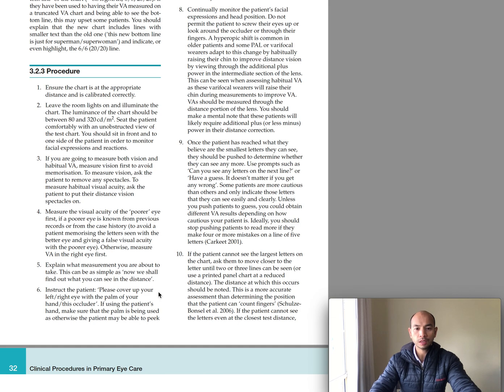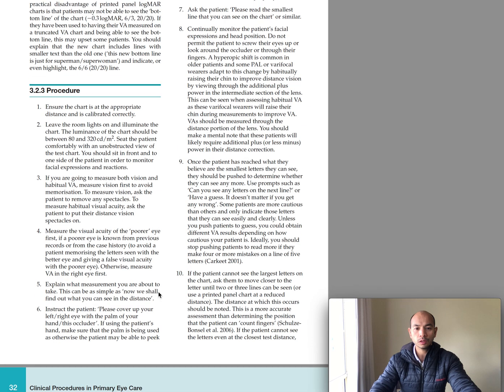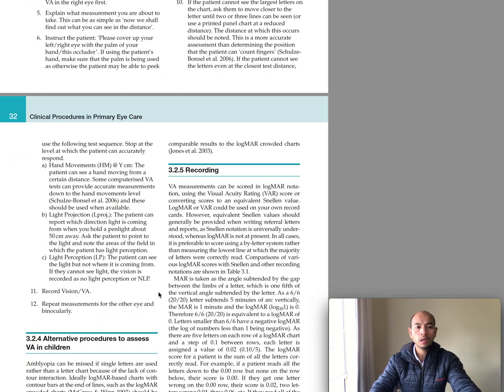If the patients cannot see the letters even at the closest test distance, use the following test sequence. Stop at the level at which the patients can accurately respond. Hand movement, shortcut HM at Y centimeters. So the patient can see a hand movement from a certain distance. Some computerized VA tests can provide accurate measurements down to the hand movement level.